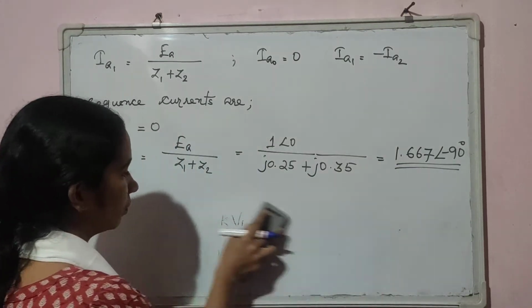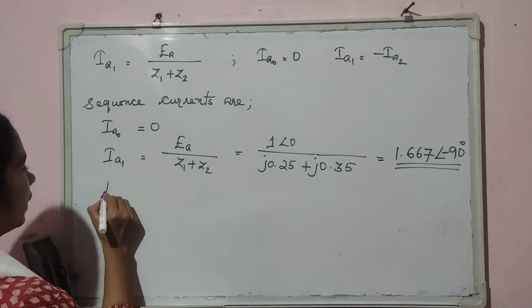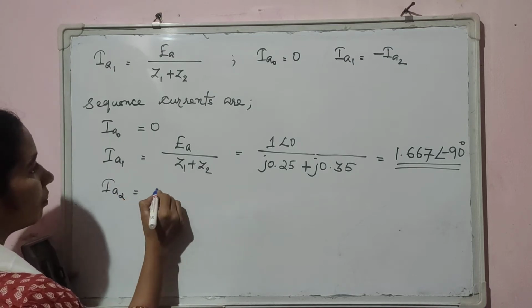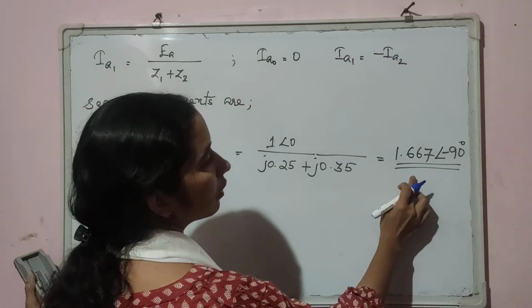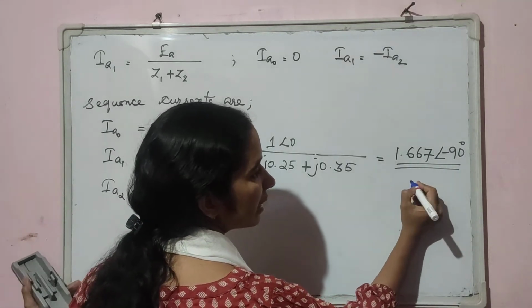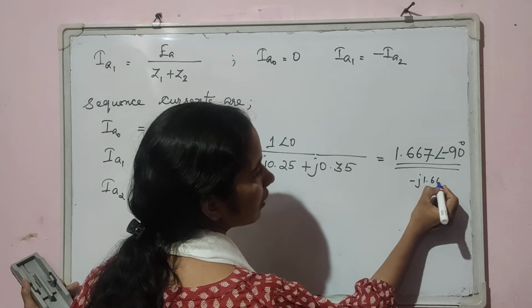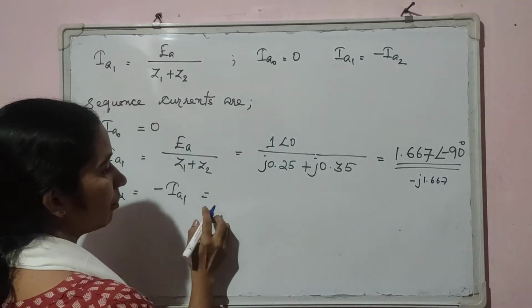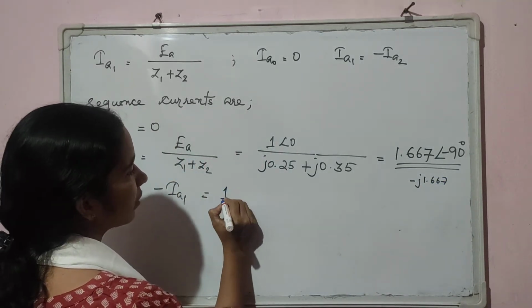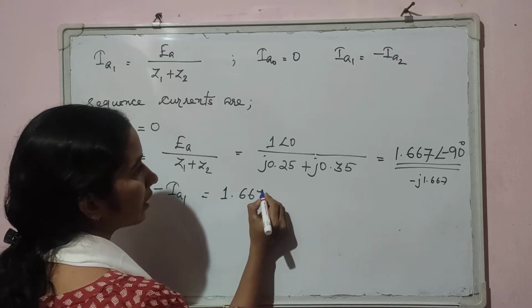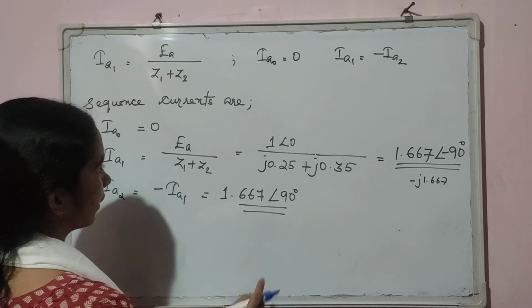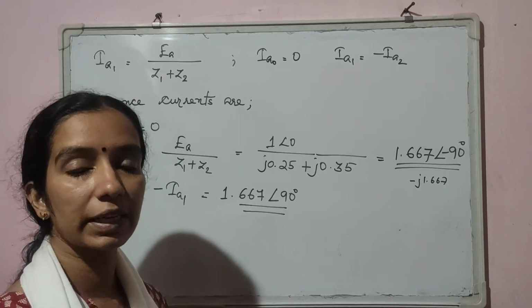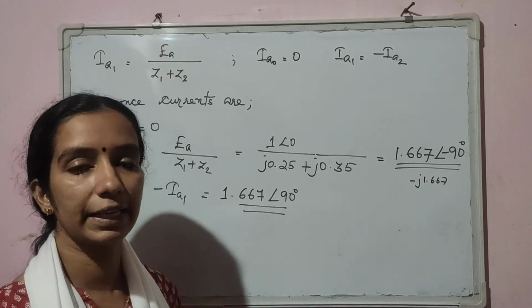IA2 is equal to minus IA1, and this will be equal to minus of 1.667 angle minus 90, which is minus j 1.667. So this will be plus j 1.667, that is 1.667 angle 90 degrees. Okay, so we got all the sequence currents IA0, IA1 and IA2.